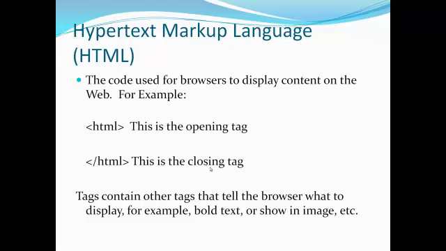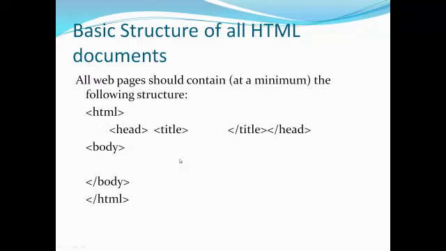Sometimes you have standalones, but we're not going to use any standalone tags in this example. So the HTML tag is what tells the browser, oh, this is an HTML document, look for that markup language and understand what that is. So this would say, okay, I'm starting my HTML document, and then at the very end, after I wrote everything in between, I would go ahead and end that HTML tag.